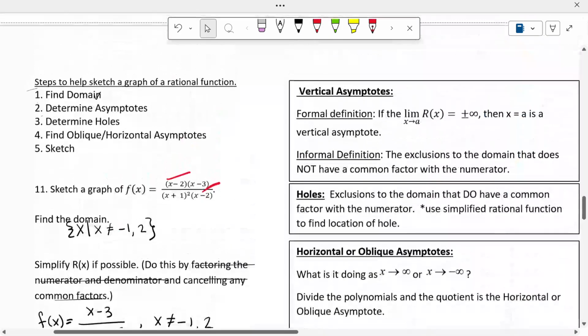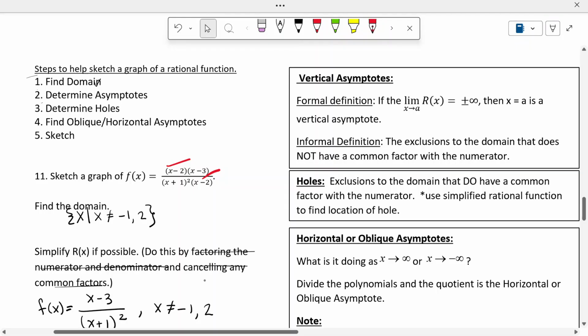Determine any vertical asymptotes. Remember, a vertical asymptote means as x is approaching some constant, our graph is going to infinity or -infinity. The informal definition: these were exclusions to the domain that did not have common factors with the numerator.